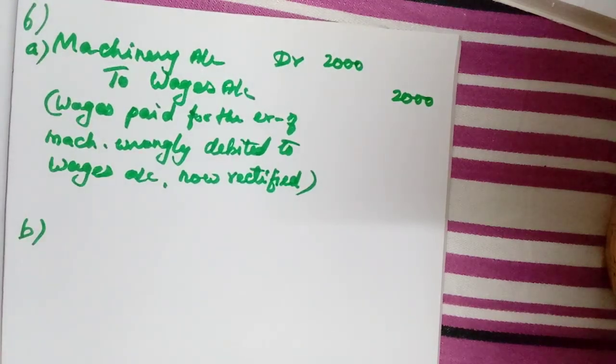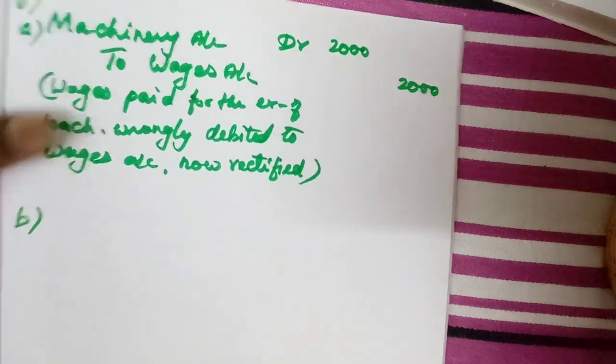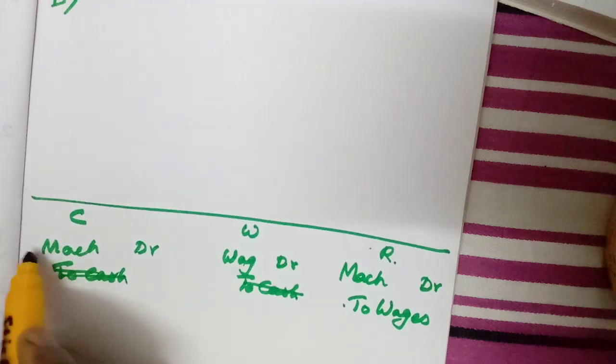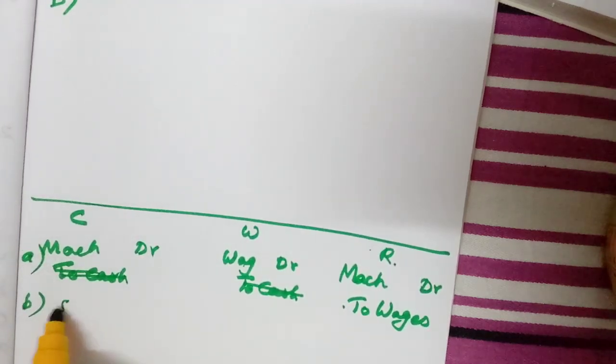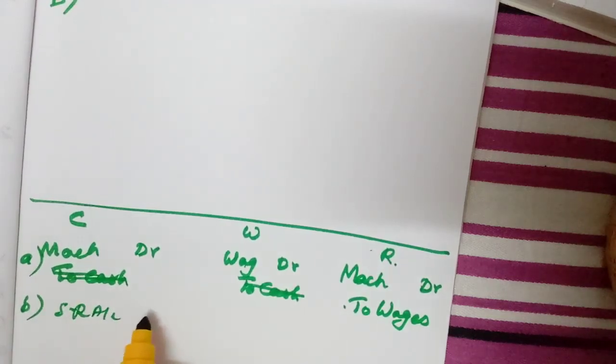Here sales returns book was short totaled by rupees 1000. Only one account is affected. We know how to do this one. In the working column I will show. Sales returns book, this is A's calculation, then B. Sales returns shows a debit balance.